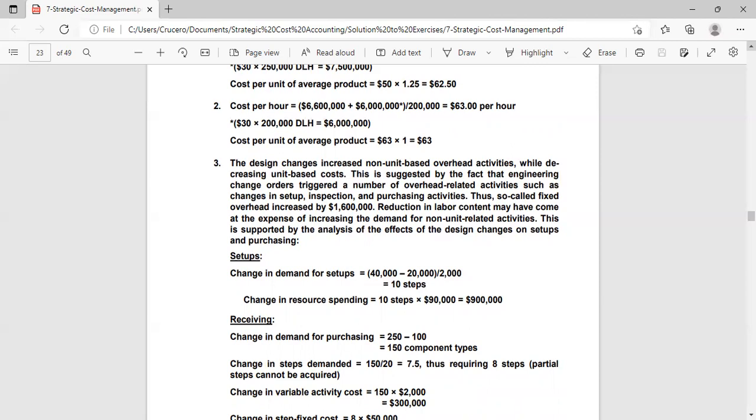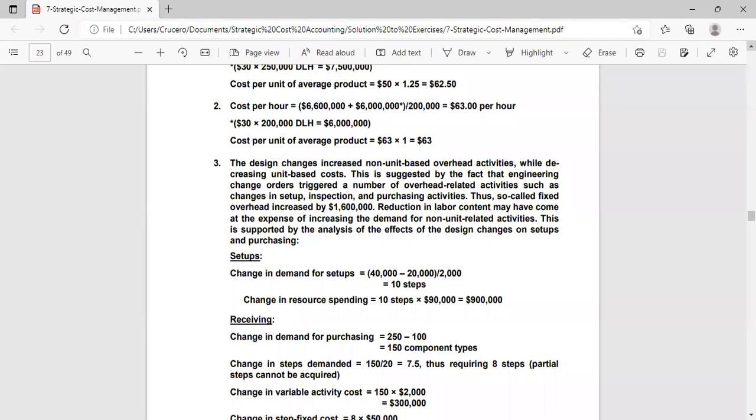So now number 3: the design changes increase non-unit based overhead activities while decreasing unit-based cost. This is suggested by the fact that engineering change orders triggered a number of overhead-related activities such as changes in setup, inspection, and purchasing activities.